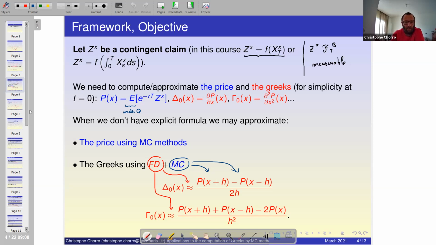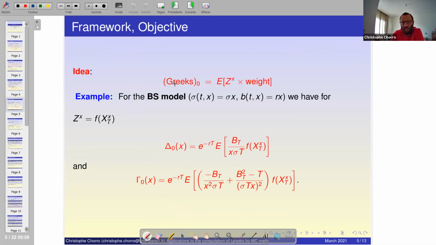As we have seen in the first session, an idea is to express the Greeks at time t equal to 0 as the expectation of the payoff multiplied by a random variable that I call a weight, in order to avoid finite difference schemes. The idea is to have the same source of error as the one I have computing prices, that is the one coming from Monte Carlo methods.